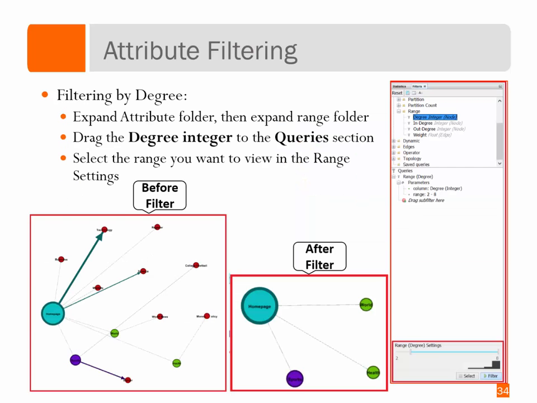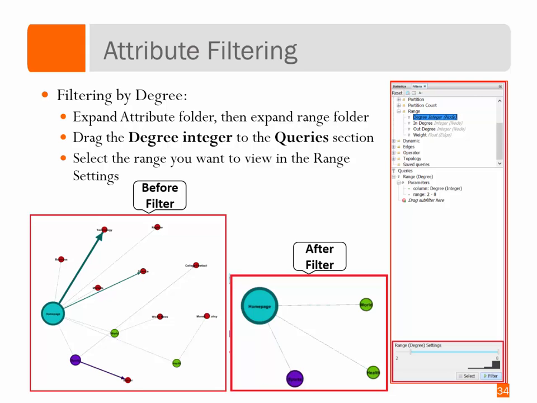So here's an example of attribute filtering. Here we're filtering by degree. If you recall, we went through this whole process of determining what the important or lesser important relationships were. We're going to filter by those degree measurements. So we'll expand the attribute folder.